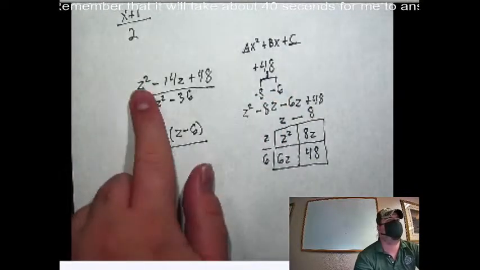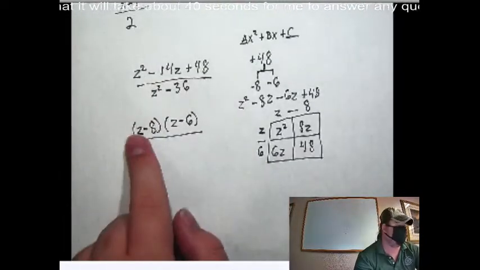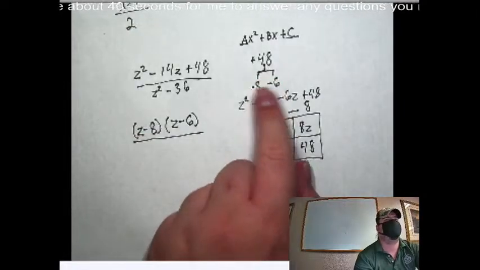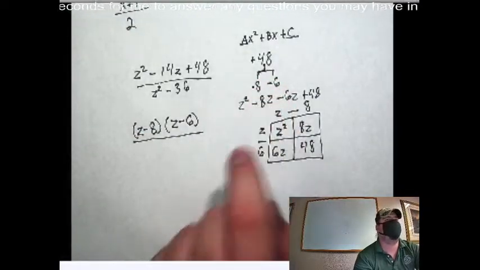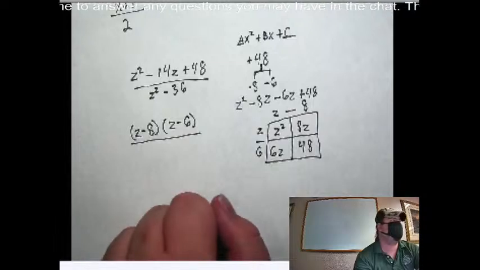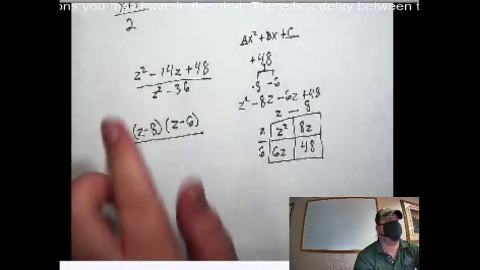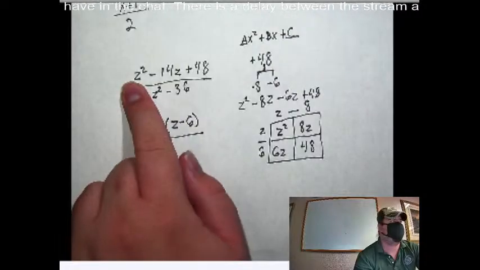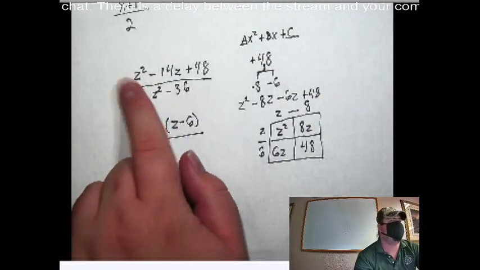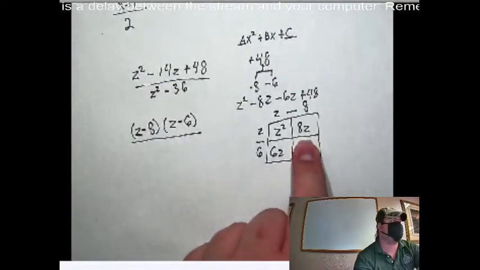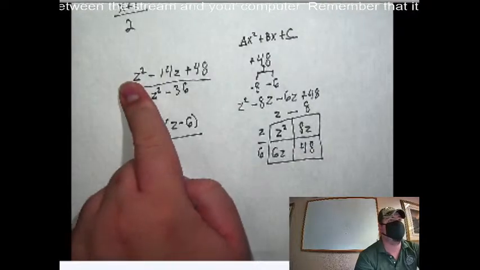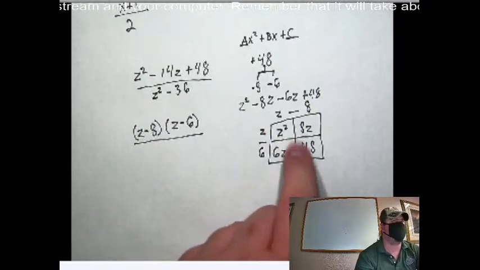Just take whatever variable you have, put it down, take whatever numbers you got from your pair, put them in. But that only works if you have a leading coefficient of positive 1. If you have a leading coefficient of positive 1, you can skip the box part. If this is anything else but positive 1, you need to do the box part.